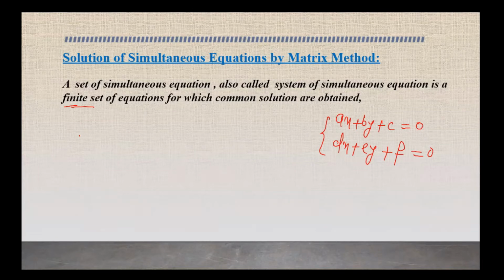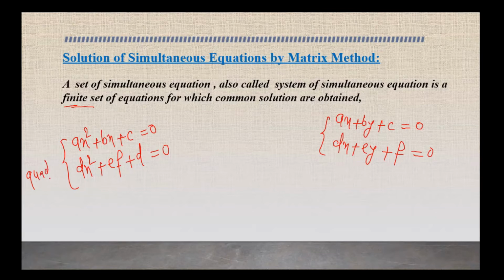If you consider equations of the type ax square plus bx plus c equal to 0 and dx square plus ex plus f equal to 0, this is again a set of two equations. It is again simultaneous, but it is a quadratic simultaneous equation.